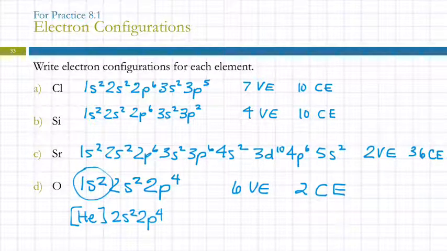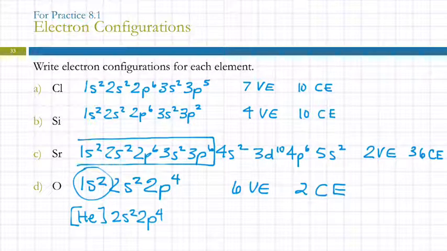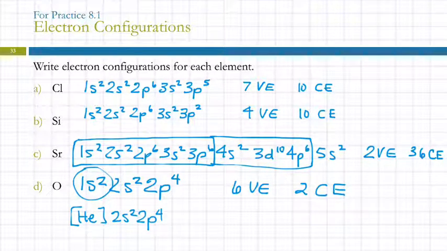For strontium, the noble gas configuration saves us a little bit more, right? Because that's the electron configuration for krypton. Wait a minute. Sorry, I didn't go far enough. For krypton. So, krypton 5s2. That's a lot shorter.